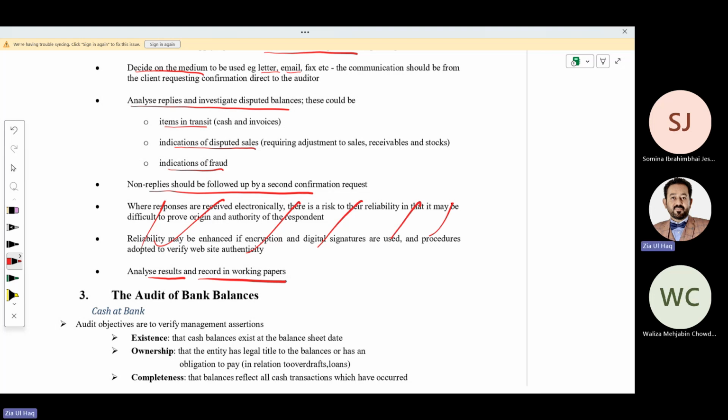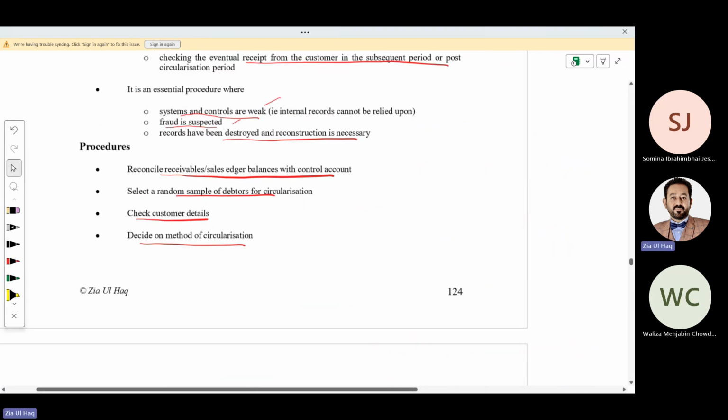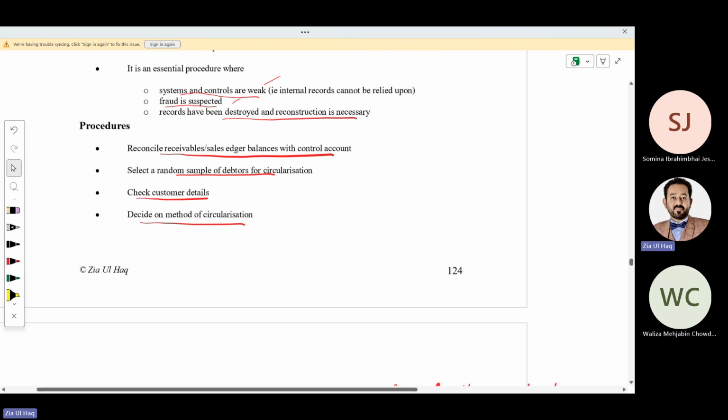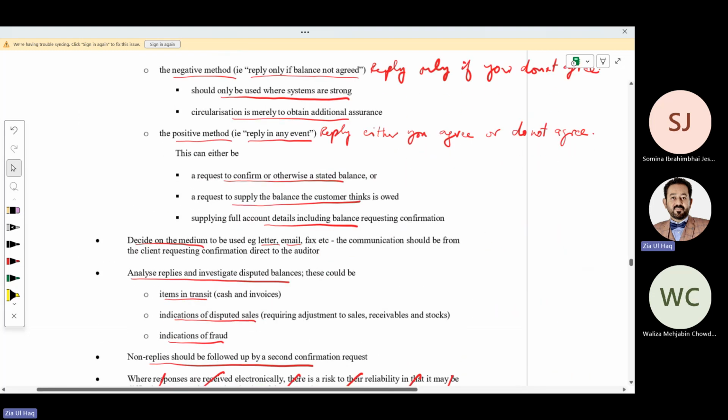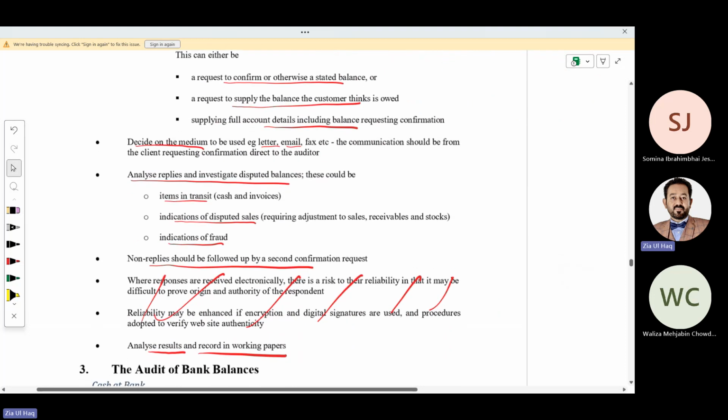So what is the process or procedure for debtor circularization? First, we need to reconcile the receivable ledger with the control account. We need to choose a sample of receivables, check their details from client records, decide on the positive or negative method, and decide the medium to confirm.